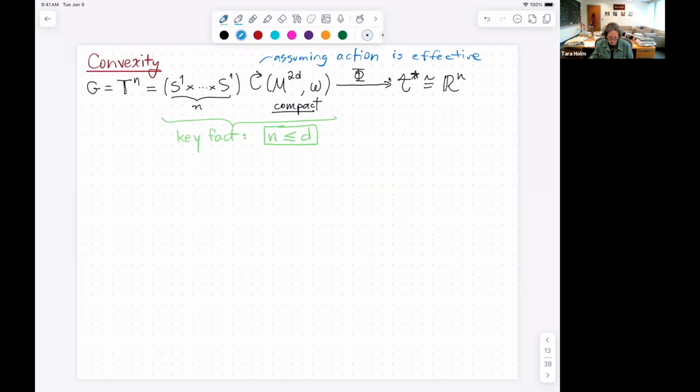assuming that this torus action is effective, a key fact is that the rank of the torus that is acting is at most half the dimension of the manifold. And the reason for this is the vector fields at a generic point.